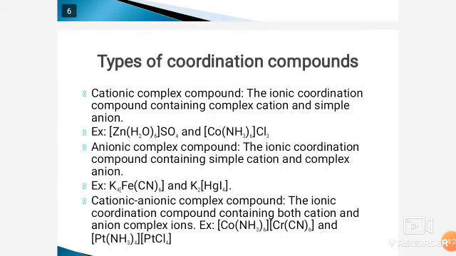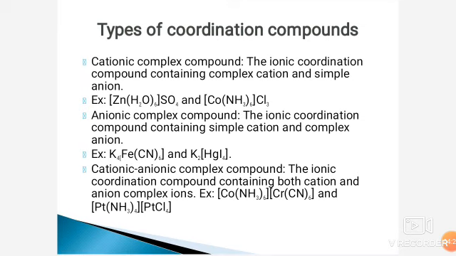Then, how many types of coordination compounds are formed? The types of coordination compounds differ by the charge on the complex ion. Firstly, on the basis of the charge on the complex ion, they are divided into two categories.